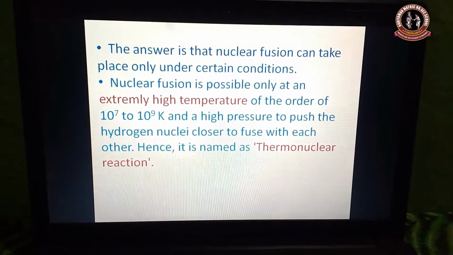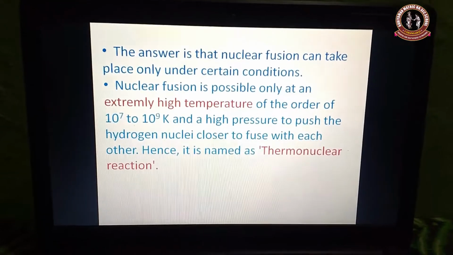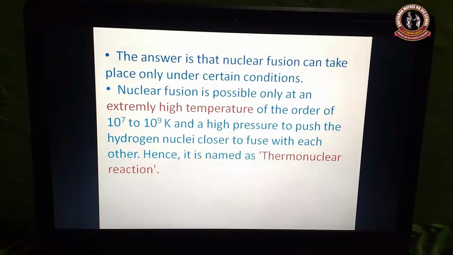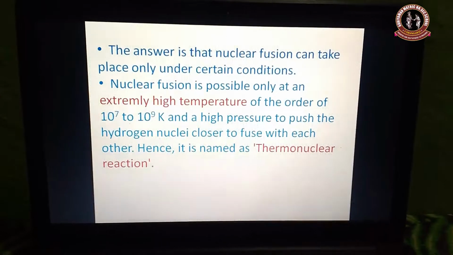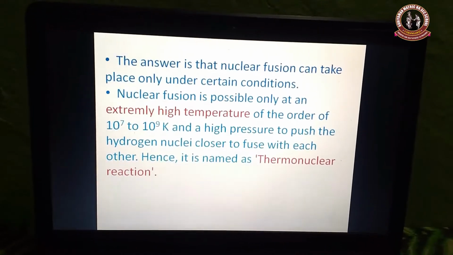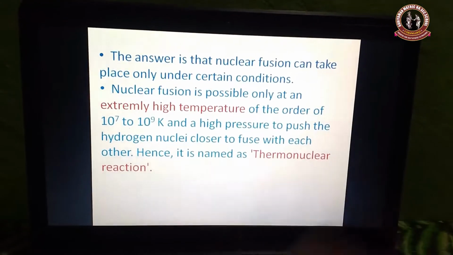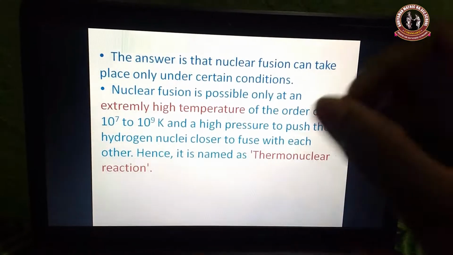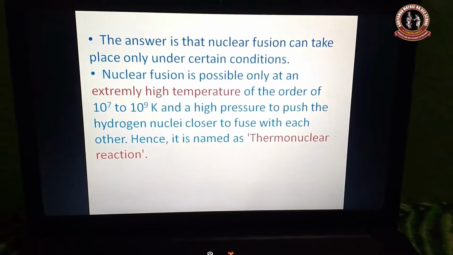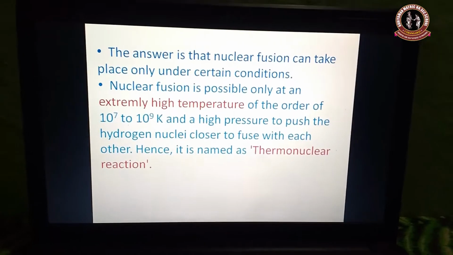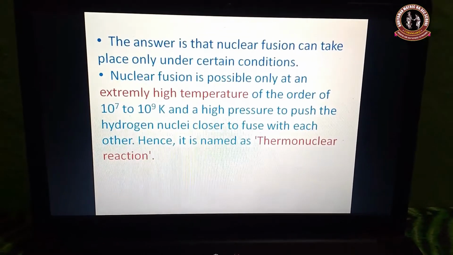So the nuclear fusion reaction takes place only at extremely high temperatures. Nuclear fusion reactions are also called thermonuclear reactions because they take place only at extreme temperatures. That's why they are called the thermonuclear process. So where do we get this kind of energy?